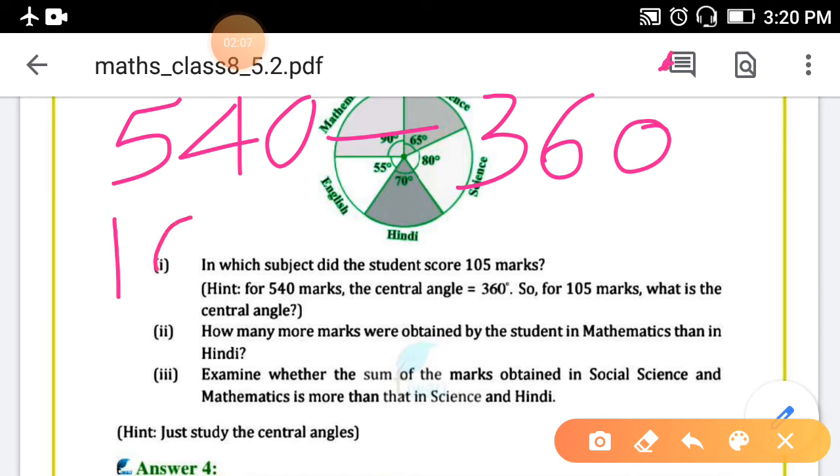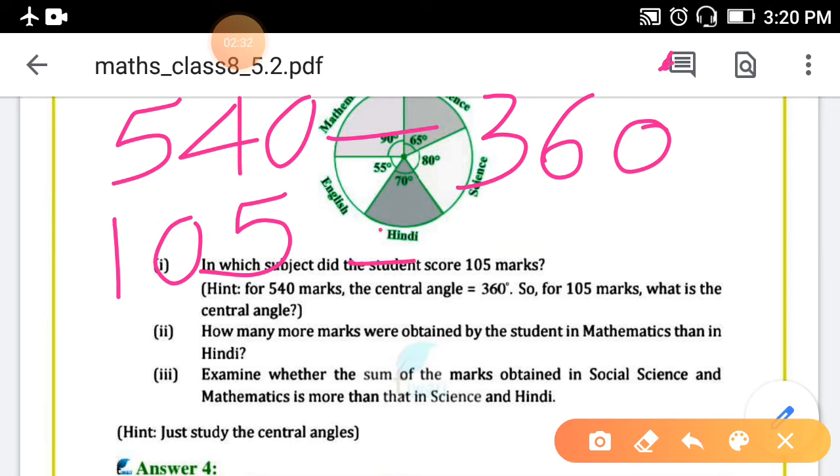Then for 105 marks, what is the central angle? Actually we need to find out the subject in which the student scored 105 marks. How can we find out? Because here it is given in degrees, you can check in the pie chart. So we have to find out the degree for 105 marks.